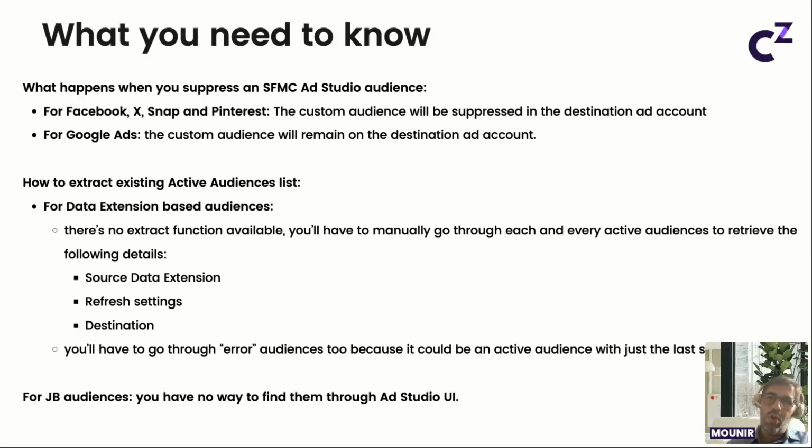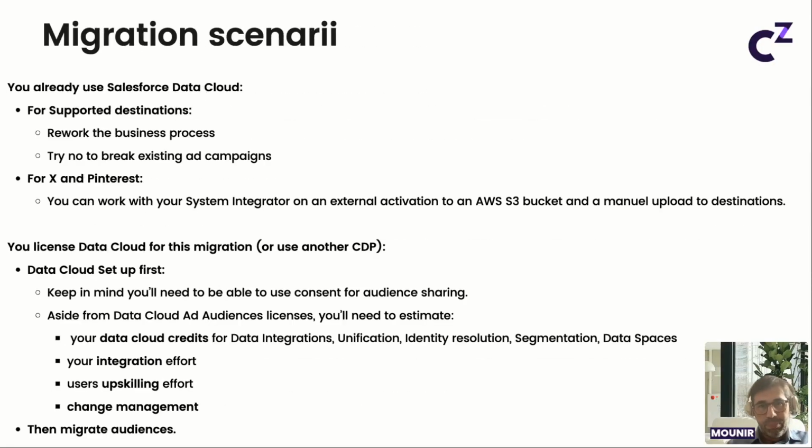And if you've gone through all your data extension audiences and there are missing ones, you'll know that you have some in Journey Builder, but you won't be able to know where. So hopefully, the CRM team has a Google Sheet or something which references which journeys are using Ad Studio components.